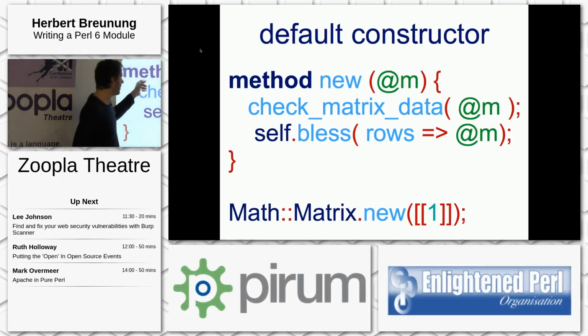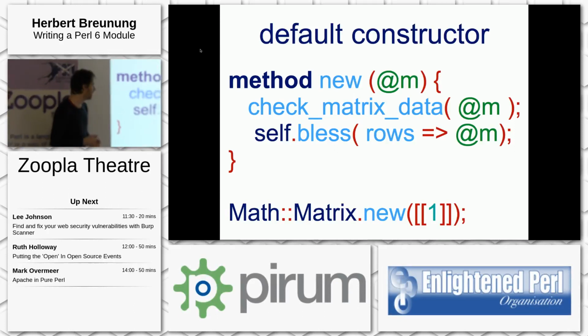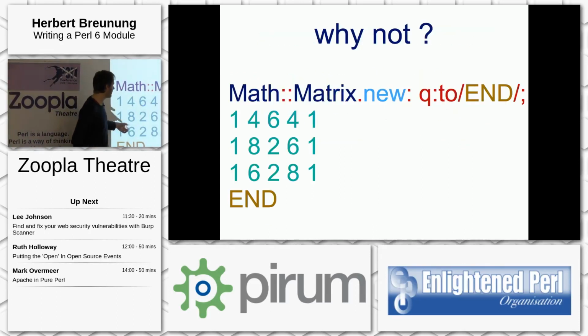Lately I just added a new constructor where you can put a string. It's especially useful if you make heredocs like this, and you have in your code a matrix like this.